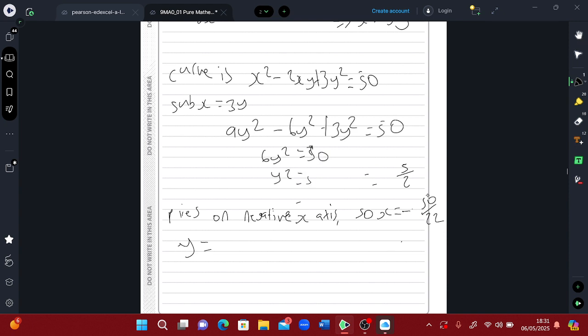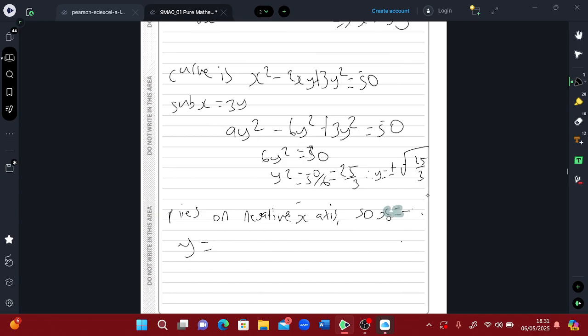Y squared would be 50 over 6. Can we simplify that anymore? That'd be 25 over 3. Therefore, y would have to be plus or minus root 25 over 3.